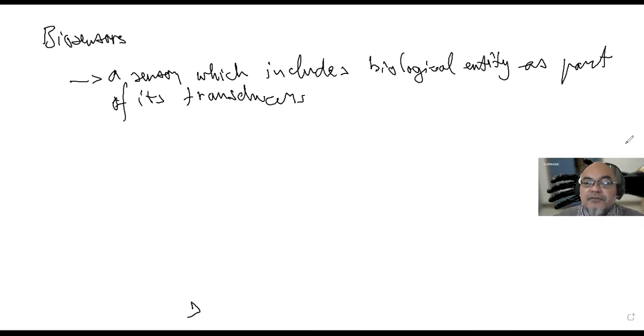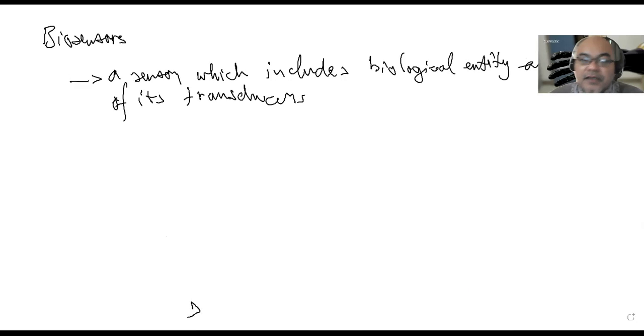The reason is that we would like to use that sensor to detect a biomolecular signal, either a chemical signal or biochemical signal, which cannot be detected using a physical sensor.